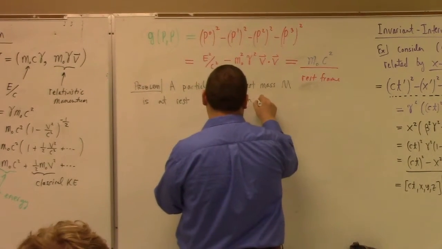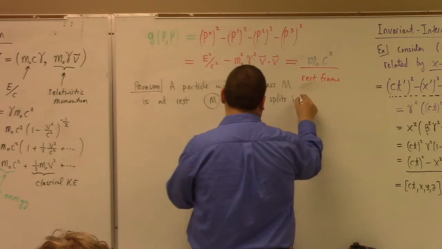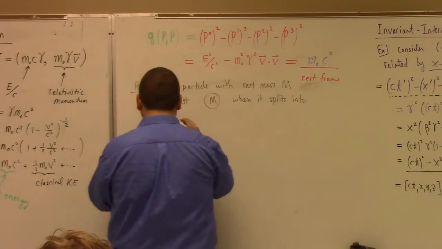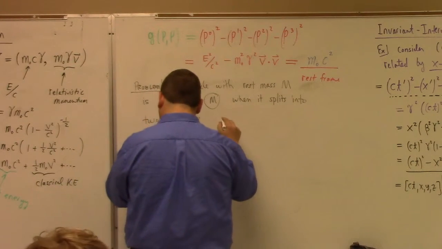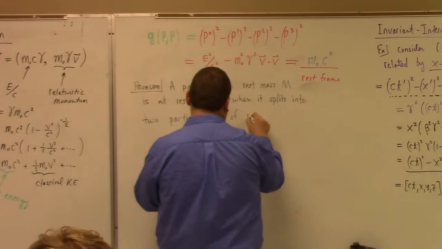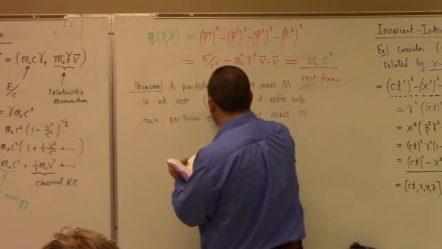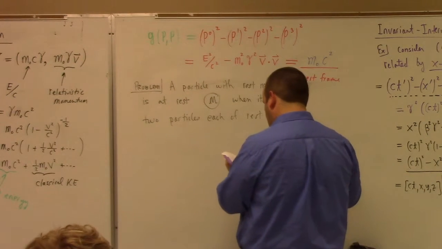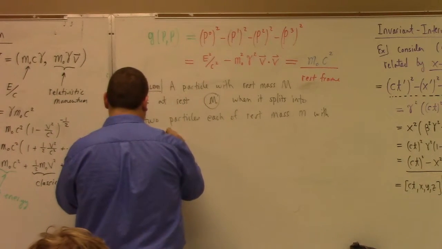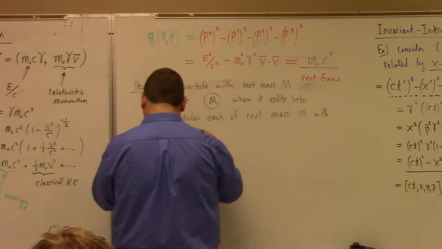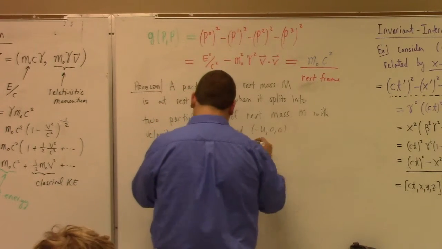When it splits into two particles, each of rest mass little m, which move with velocities u, 0, 0 and minus u, 0, 0.